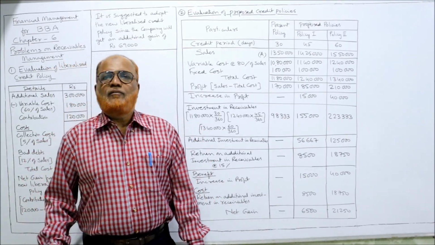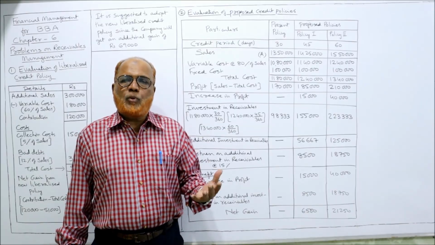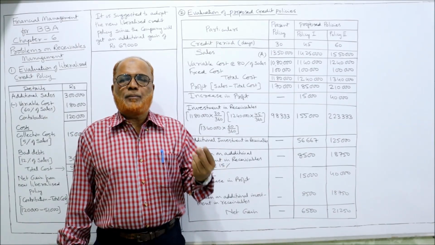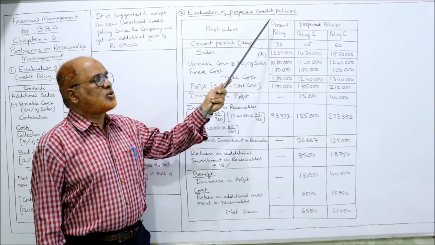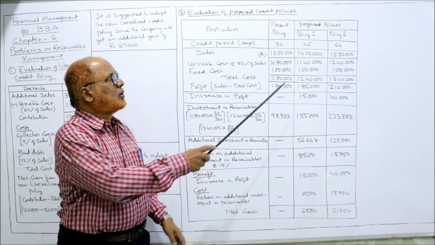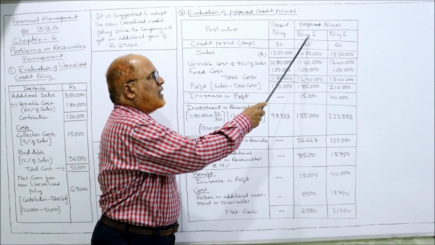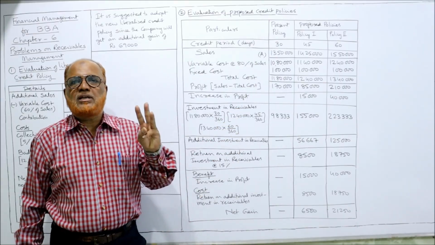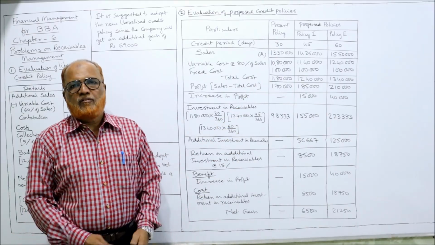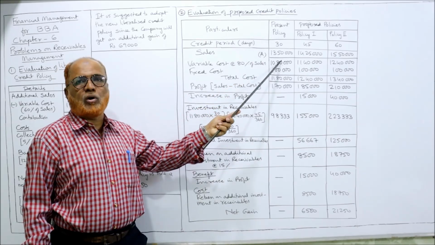Now, we evaluate the proposed credit policy. The proposed credit policies are 2. Now see here, evaluation of proposed credit policy. We have the two proposed policies, 1 and 2, and then 1 column for the present policy. So we totally require 3 columns. The first column is the present policy column.